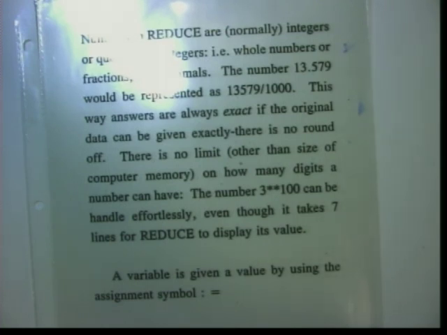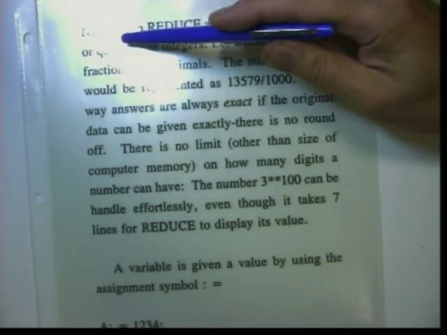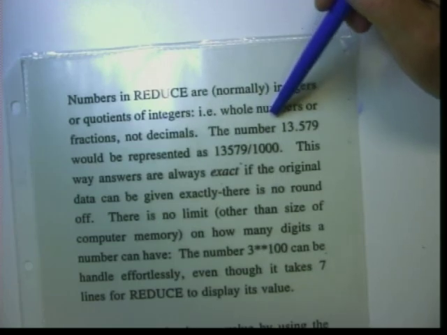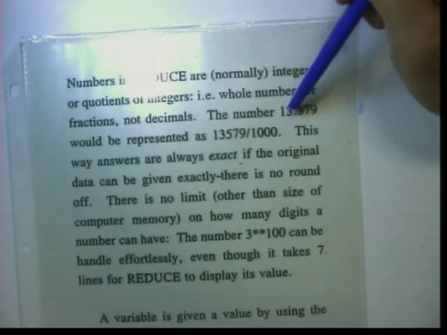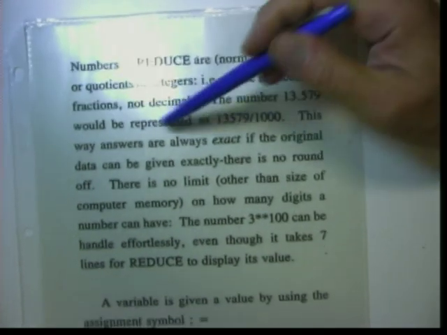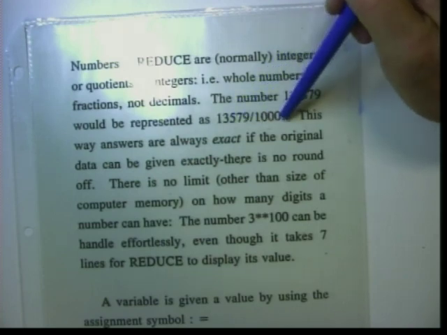Numbers in Maple are normally integers or quotients of integers. It means whole numbers or fractions, not decimals. The number, say, 13.579 would be represented as 13,579 divided by 1,000.